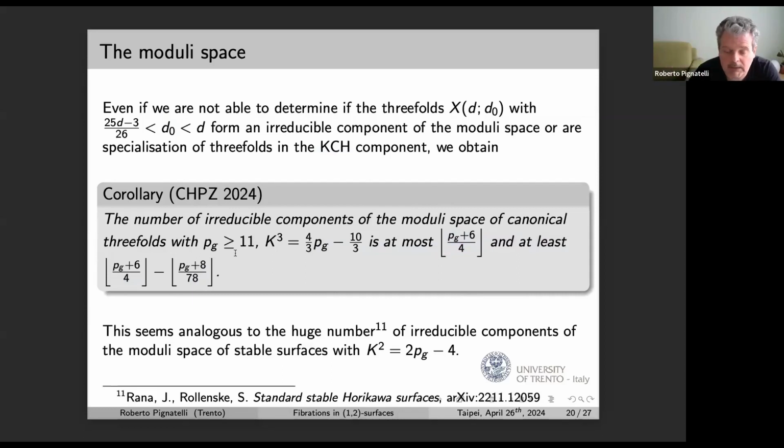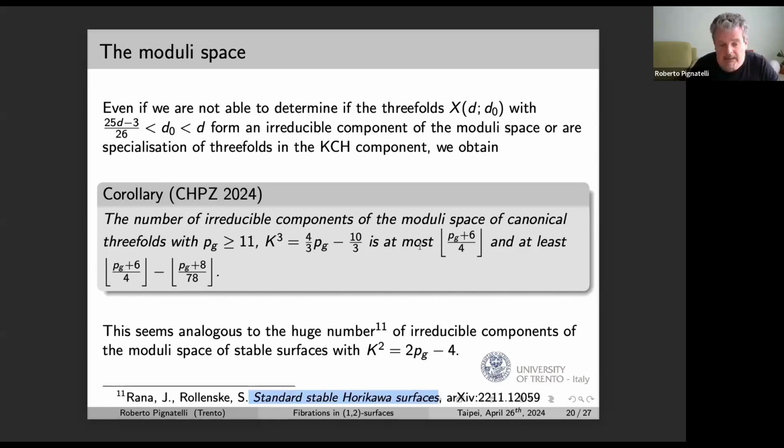This little stratum, I cannot. The few strata, I cannot really understand where they go. I think there should be irreducible components as well. And it is nice that, when we were working, there is a paper by Julie Rana and Sönke Rollenske studying the stable Horikawa surfaces, so the stable compactification of the surfaces with K squared equal to PG minus 4, and they also get a lot of components.